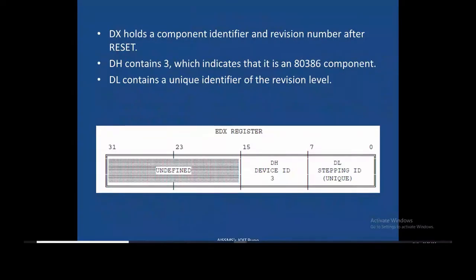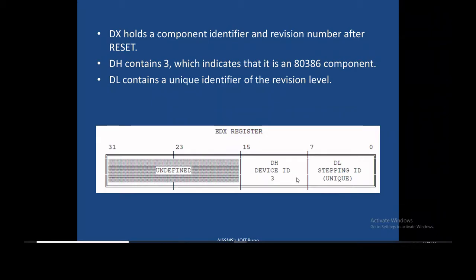The next step is checking the DX register content. This DX register holds the component identifier of the 80386 and the revision number after the reset. This DX register means DH and DL. The DH register contains 3.